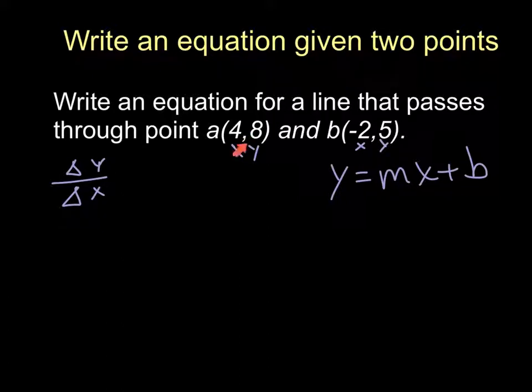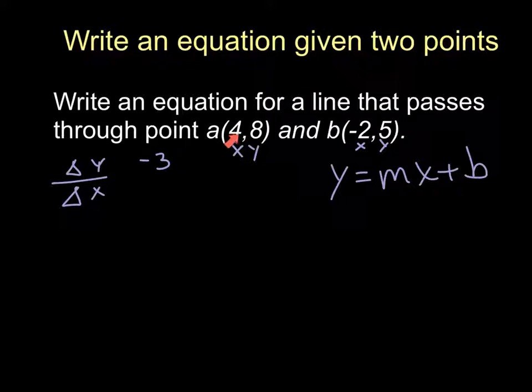Now it doesn't matter which set of numbers I start with, this set or that set. It's just that if I start with one set first, I have to do it for both the x and the y. So I'll do that. For the change in y, it goes from 8 down to 5, so that's a -3. Then I go from 4 all the way down to -2.